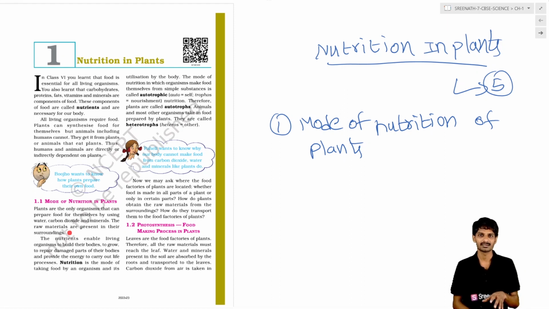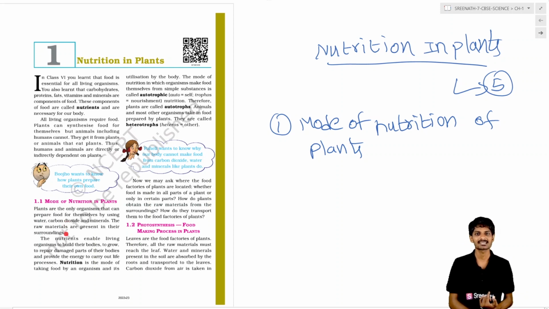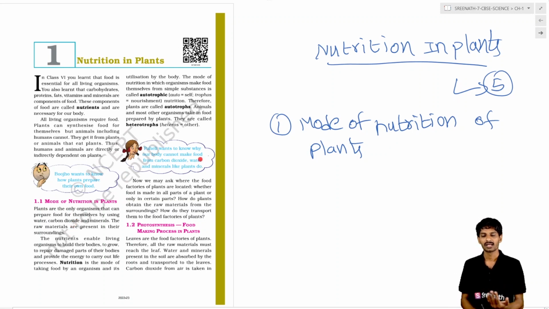We need good amounts of nutrients so that we will be healthy and grow. But have you ever bothered about plants? How do plants get their nutrients, how is nutrition done in plants? Now we are going to learn about this.